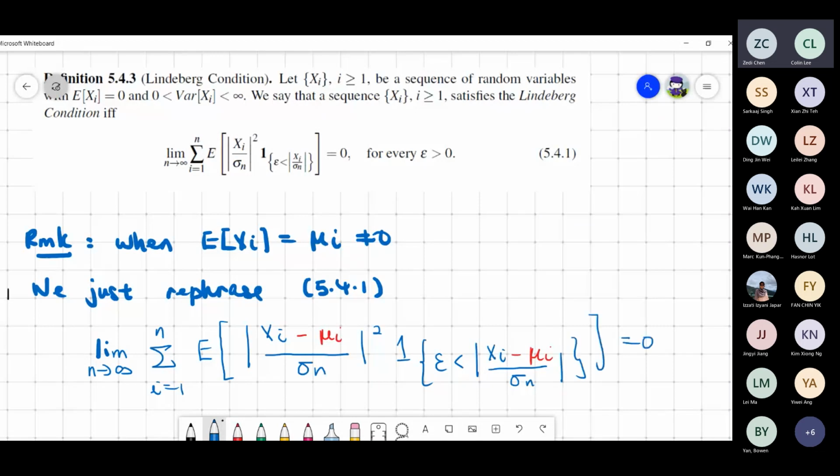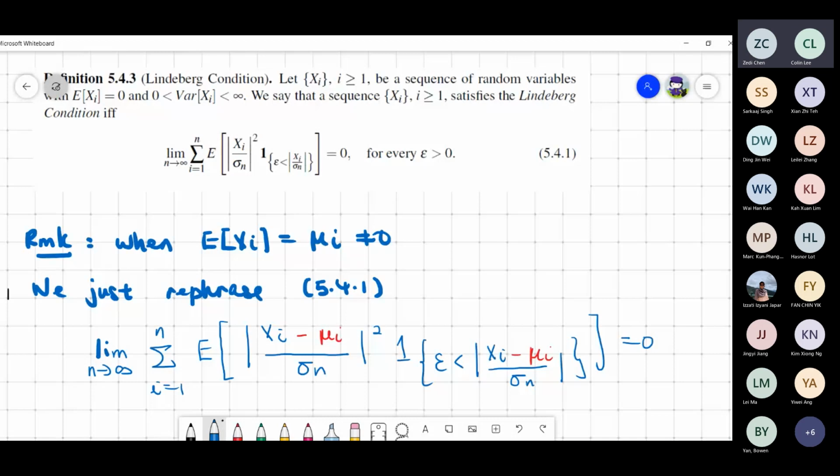However, as I said, we can always consider E of xi to be 0. Otherwise, we can replace xi with xi minus mu i. That's why we can always stick to this condition. So this is one alternative that we can consider, the Lindeberg condition.